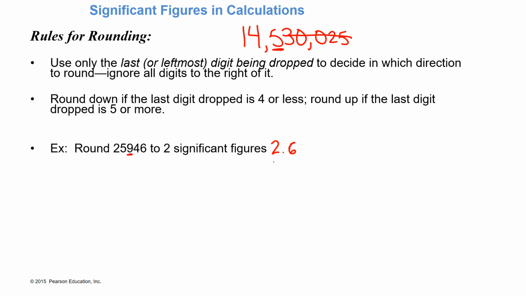And we could also say 26,000 there. All right, so it's going to be 2.6 times 10 to the 4th, or 26,000.